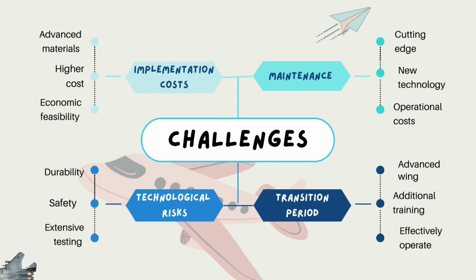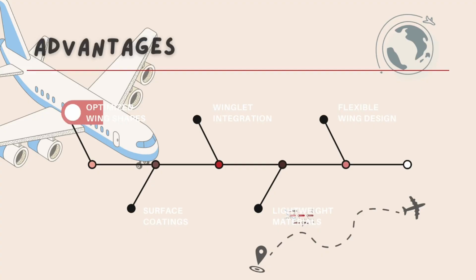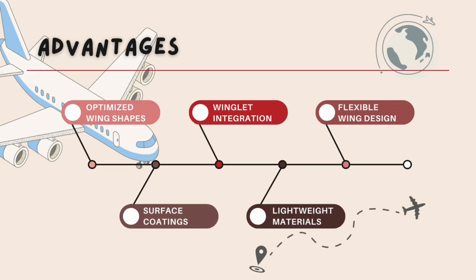The aviation industry may experience a period of adjustment and adaptation as it shifts from conventional to advanced wing design. Pilots, maintenance crews, and other stakeholders may need additional training to effectively operate and maintain aircraft with innovative wing technologies. And the last is advantages of aeronautic wing design.